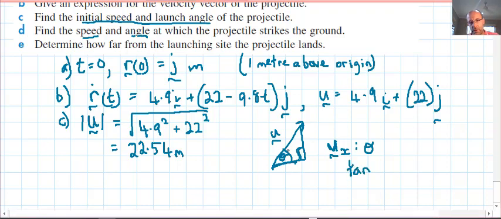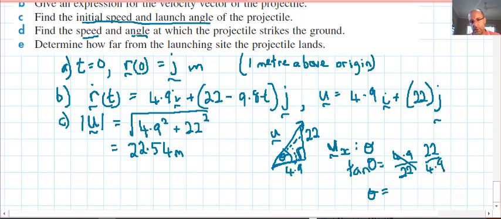That's 4.9 over 22, then taking the inverse tan. Whoops, I've got the fraction upside down, because that's opposite and that's adjacent. So try 22 over 4.9. Apologies. There we go. 77.4 degrees is your launch angle, projection angle.